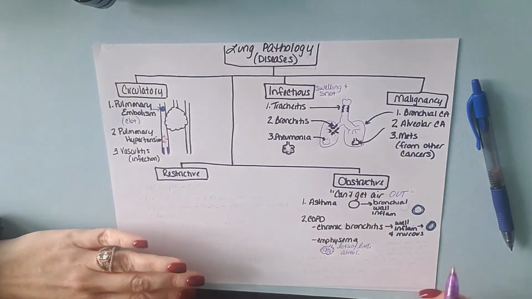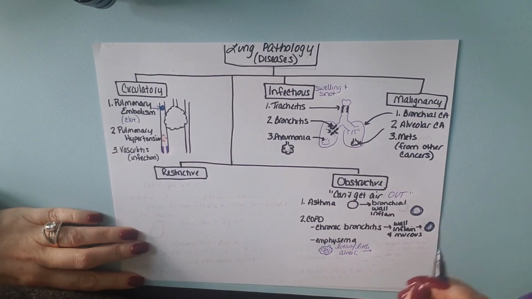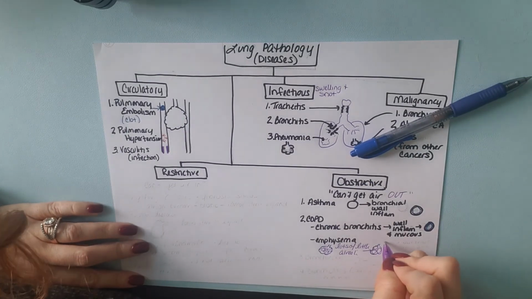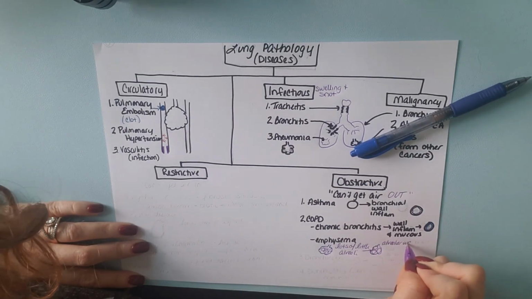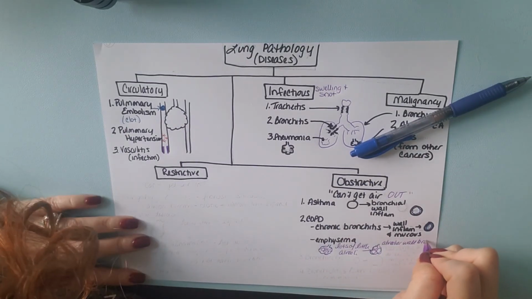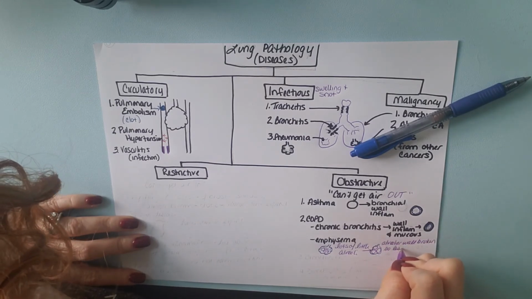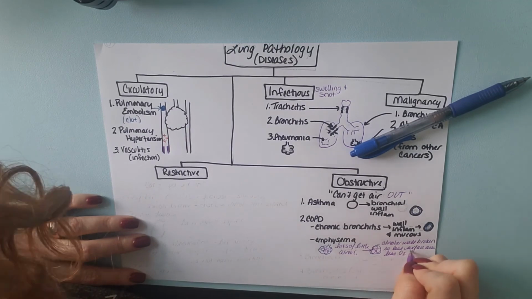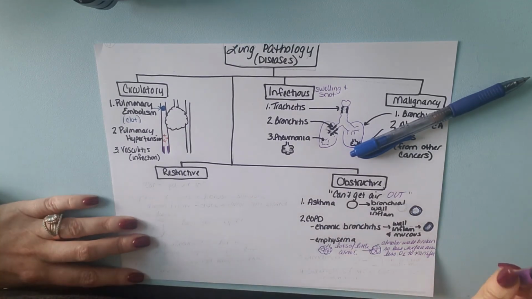So that means less oxygen can get in. So they're trying to take a deep breath and they're trying to exhale, but they can't exhale because that residual volume that's in their lungs is still so large. So there's less surface area, so less oxygen transfer.